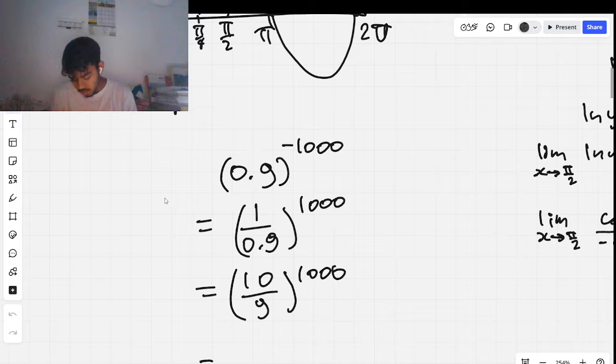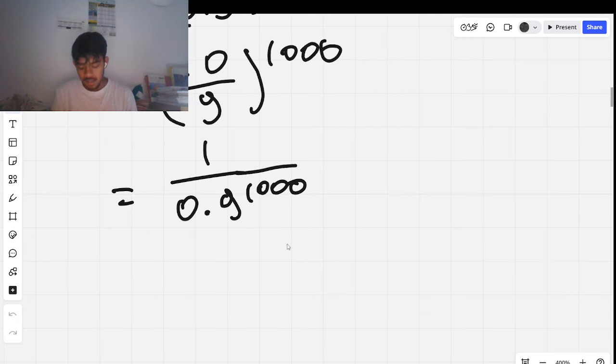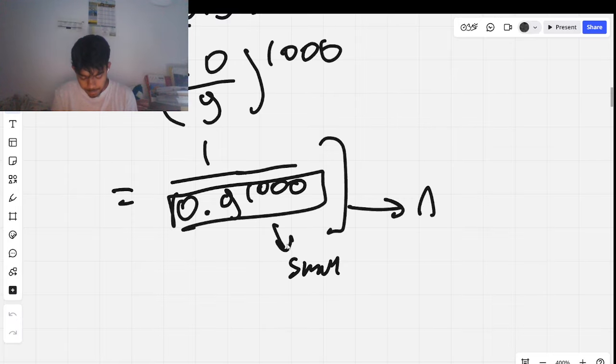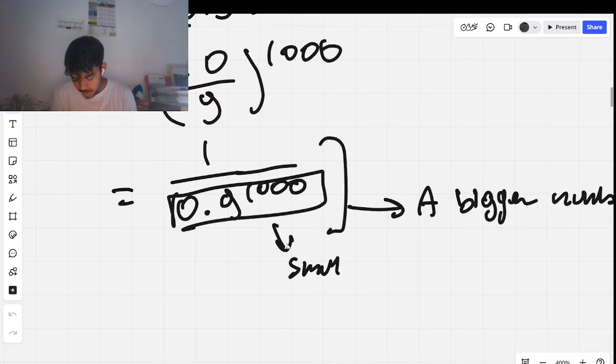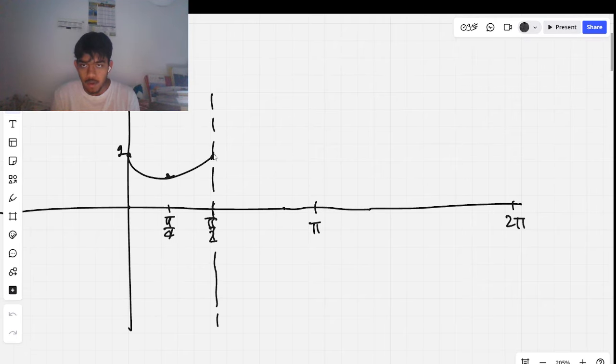Well, actually, I think it's better to think about it in these terms. I know raising 0.9 to the 1000 is going to be a number less than 0.9, which means this is going to be a very small number. What is a small number? That means it makes the whole fraction a bigger number. So we know that my graph is going to be more than 1, and is going to increase.